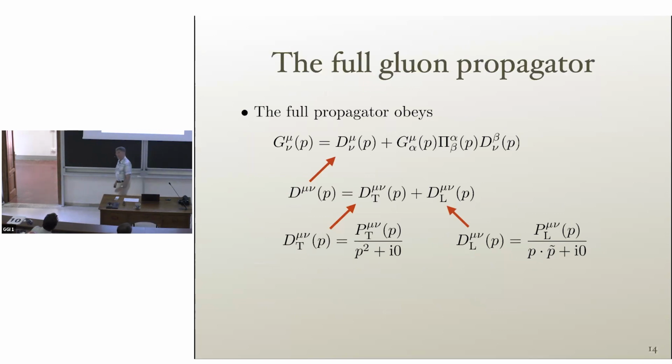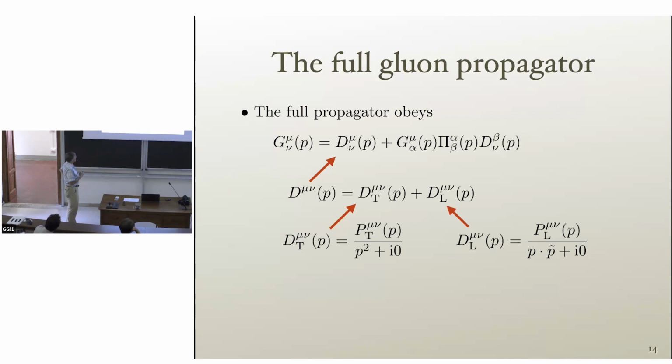So that was a tree-level gluon propagator. Let me just say a couple words about the full propagator. The full gluon propagator is the tree-level one plus the tree-level one times the self-energy of a gluon, which you have to calculate from some graphs, times G. And you can just expand that formula out to get a whole series.